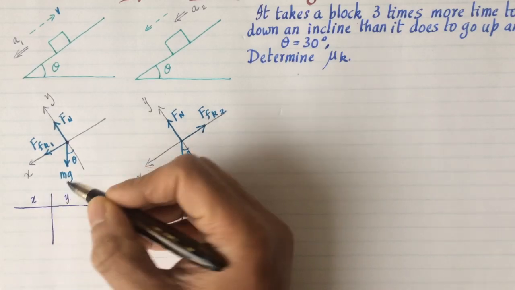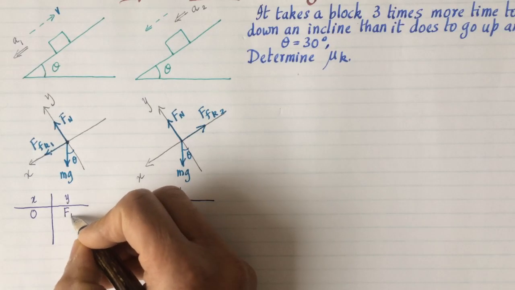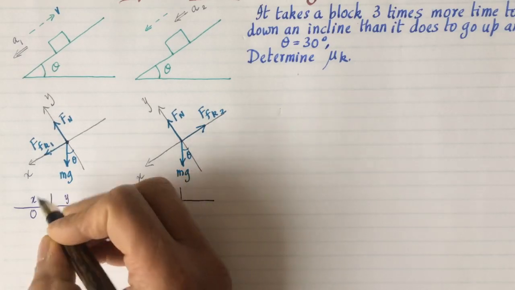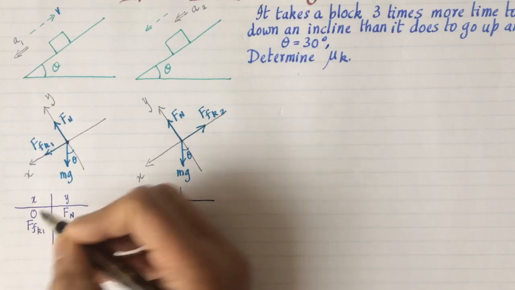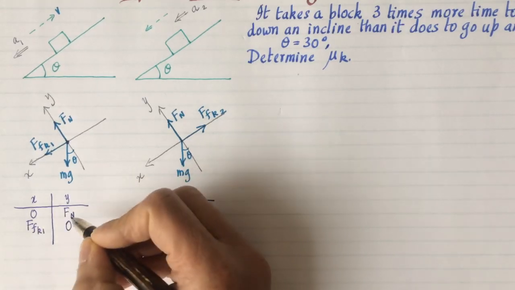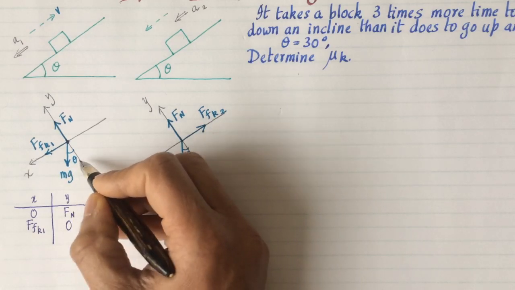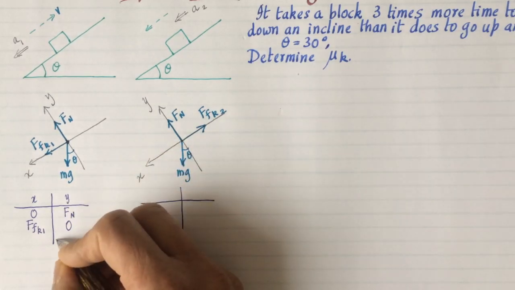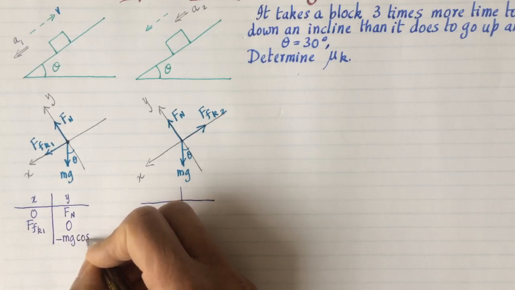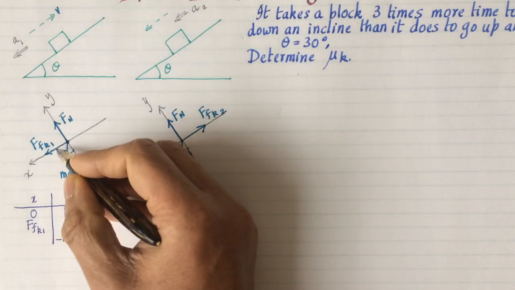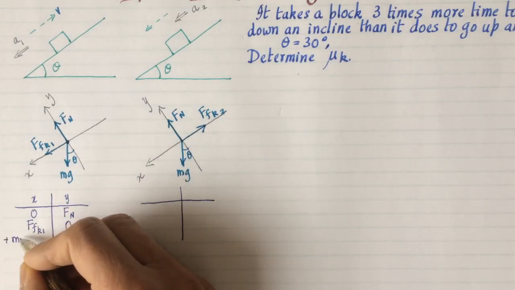So that's X, that's Y, normal force, the force of friction, and then gravity. You notice that the adjacent side, which is cosine, is in the negative y direction, and the opposite side, which is sine, is along the positive x direction.